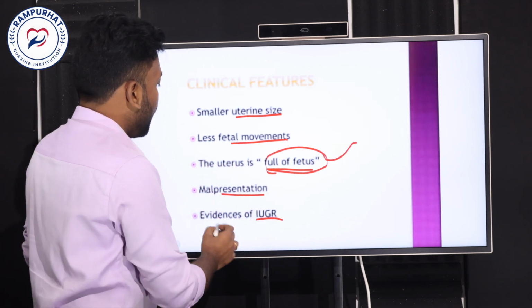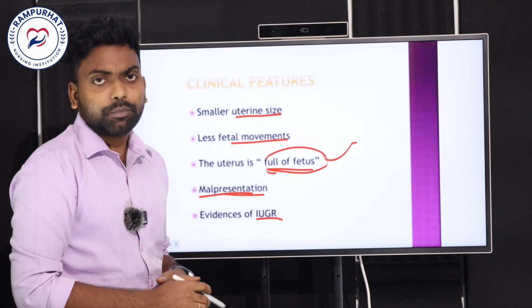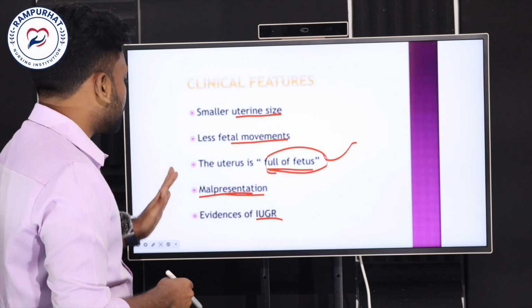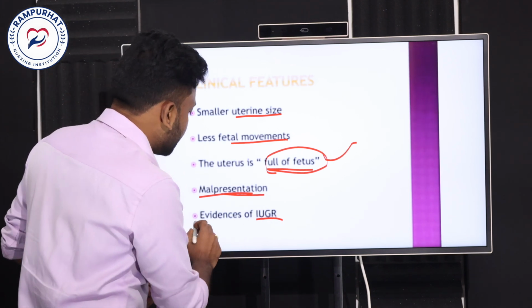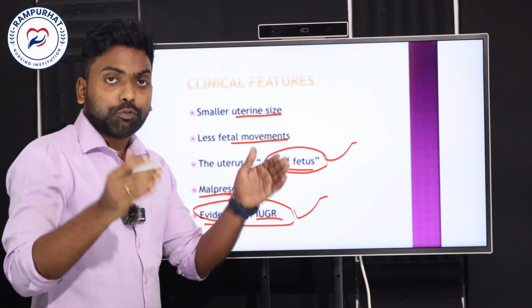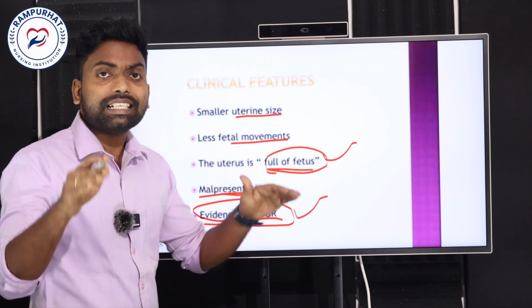There is no fluid, and malpresentation will occur. The presentation, instead of being normal, may become abnormal. That is called malpresentation, and this is evidence of intrauterine growth retardation. Within the uterus, the growth of the baby is retarded.